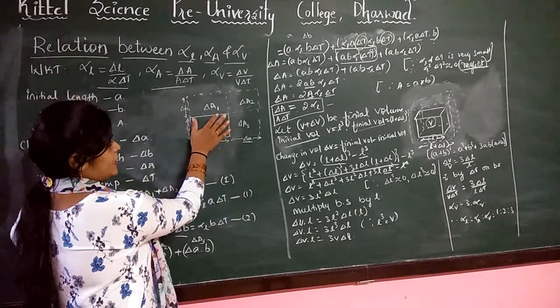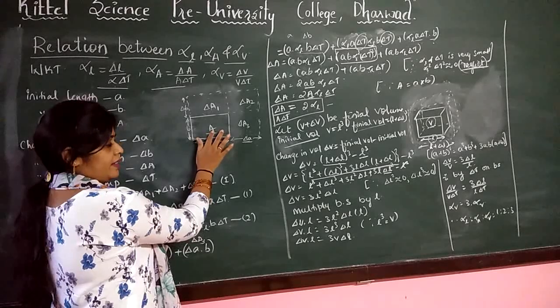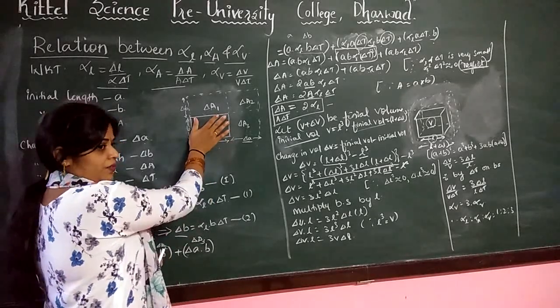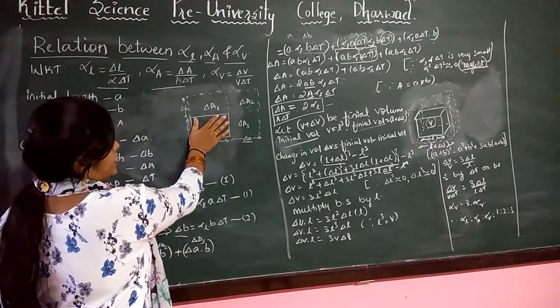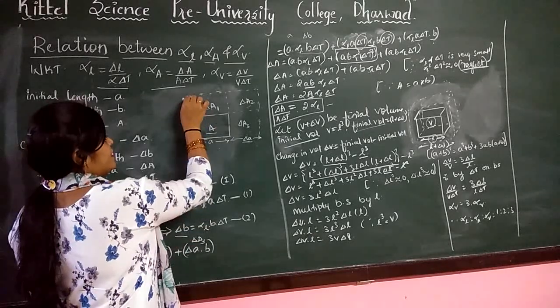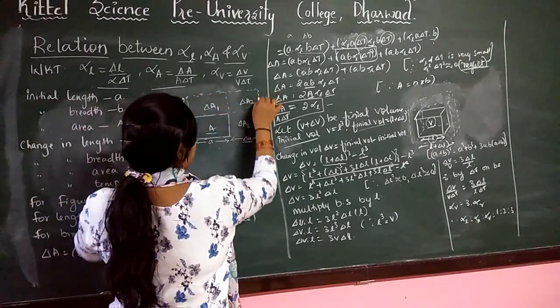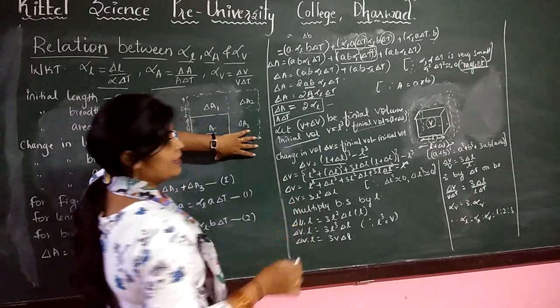Initially its area was A. So after application of heat, there is an increase in temperature. This plate increases in its breadth as well as length.